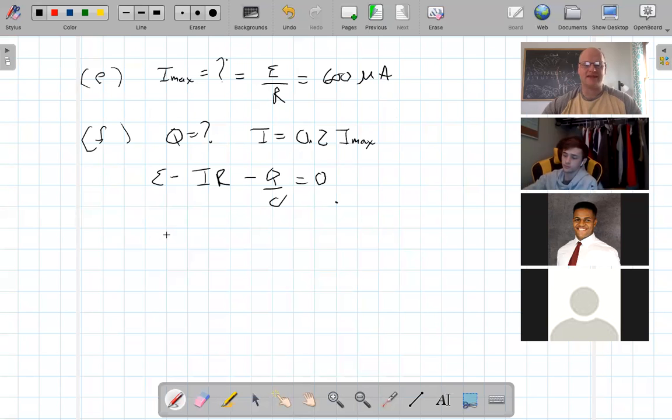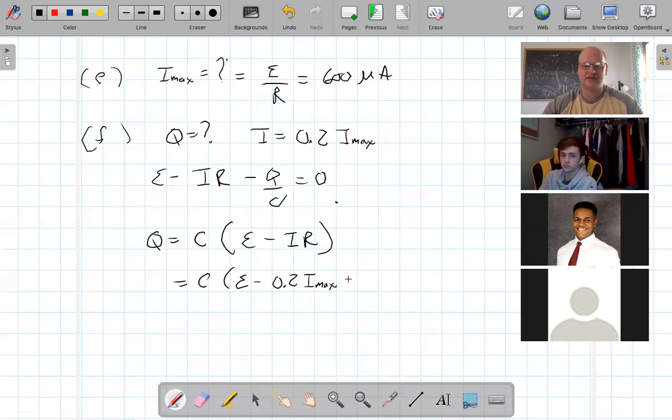So good. Let's solve this for the charge. The charge is going to be the capacitance times the EMF minus the current times the resistance. Here, this is specifically at 0.2. So we want the capacitance times the EMF minus 0.2 times Imax times the resistance. But again, we know Imax is simply E divided by the resistance, so this resistance is going to divide out this resistance. So this is going to be equal to 0.8 times the capacitance times the EMF.